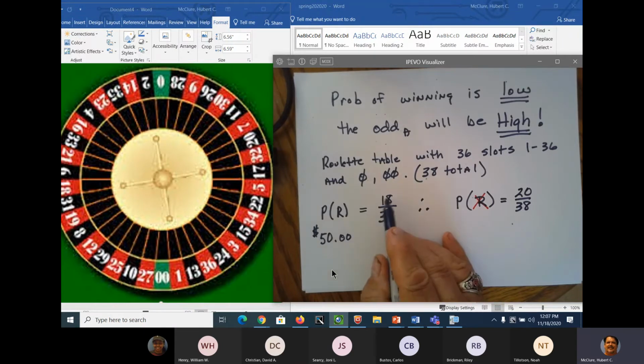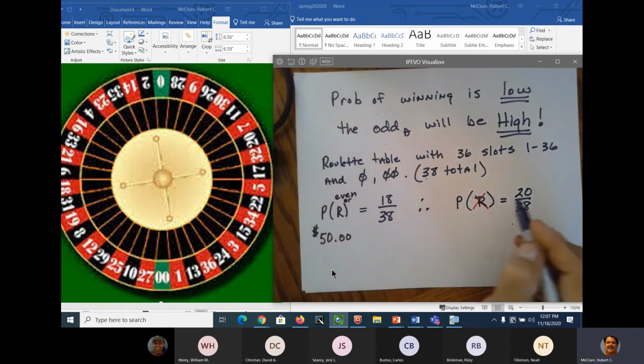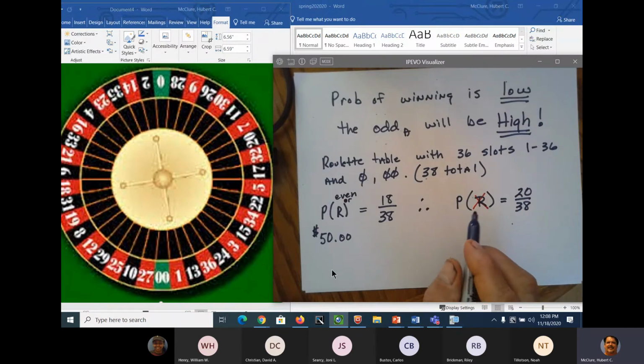Even would be 18 over 38. And not even would be 20 over 38 because 0 and 00 are neither odd nor even. And it says that in the homework or test question when it asks for even or odd. So if you're asked even or odd, it's going to be the same setup here.